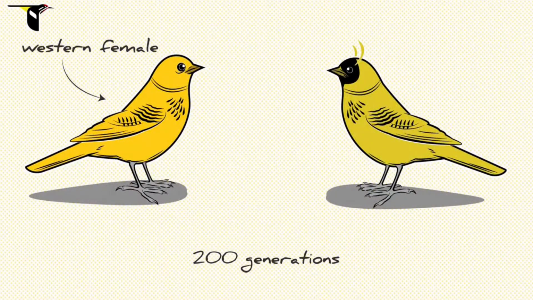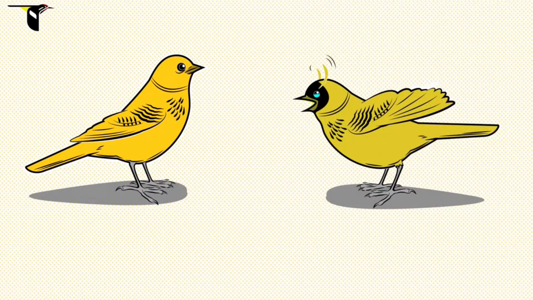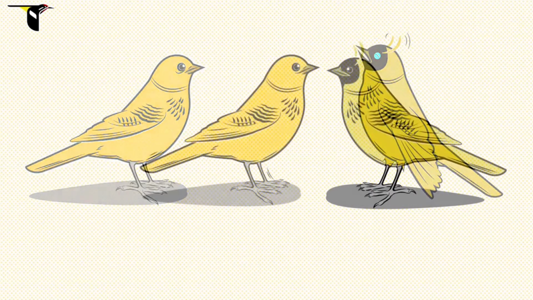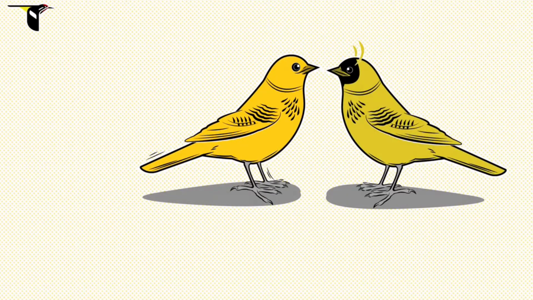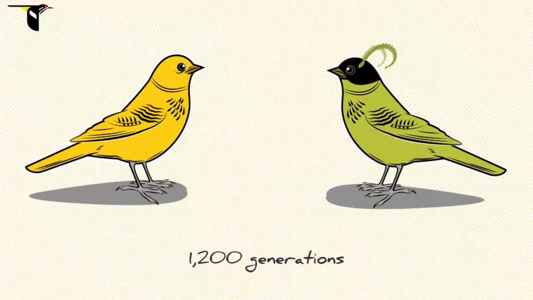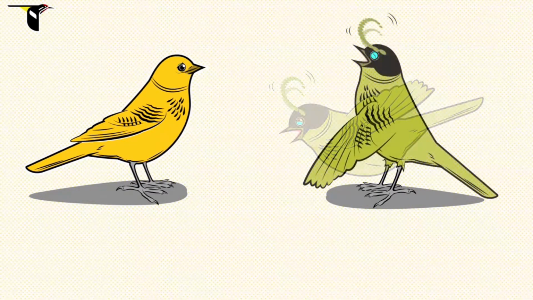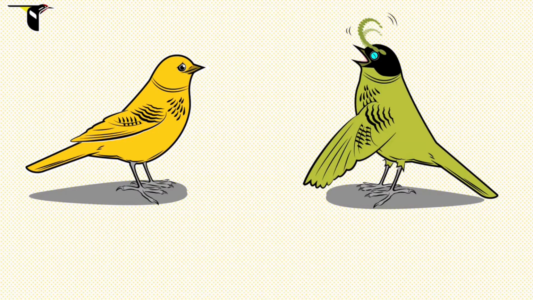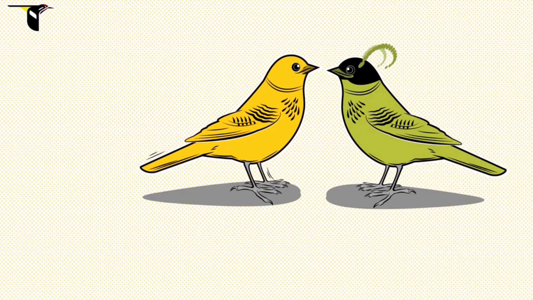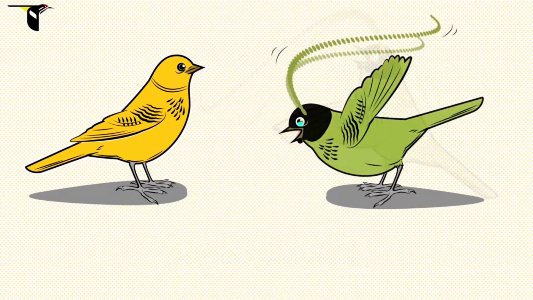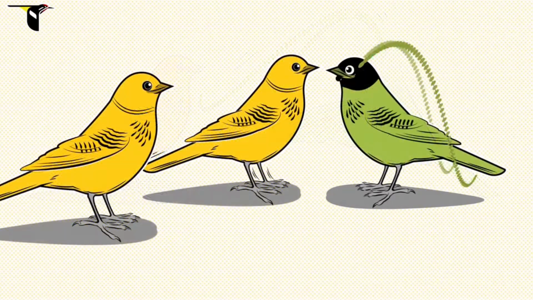Early in the speciation process, when individuals from the isolated populations meet, our eastern and western birds readily mate. But as generations pass and the eastern males become fancier, the western females begin to find the eastern males' habits foreign and surprising. But these traits are clearly not deal breakers. Even after 10,000 generations of geographic isolation, some other western females continue to find the male displays attractive.